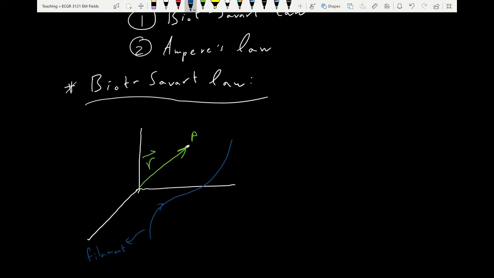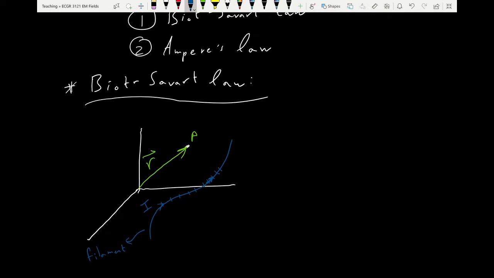We assume that all the current is condensed into this wire that has no width, it only has length. And then the idea is that we can chop up this wire into small parts, and each small section of the wire is going to be a different current element.